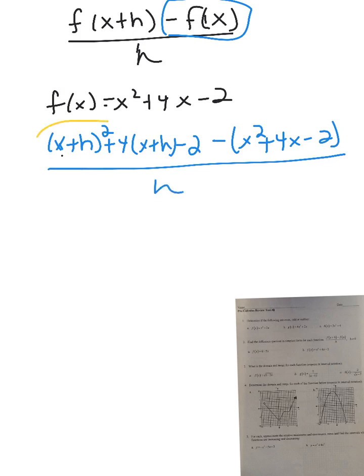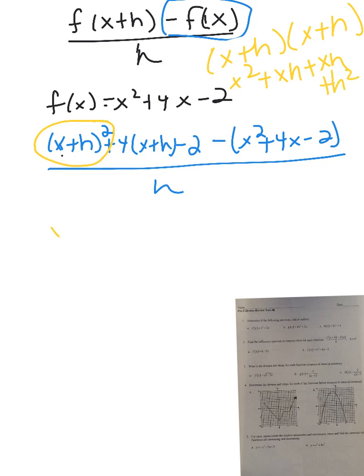All right, so I'm going to work on this up top here. So x plus h times x plus h. So that's x squared plus xh plus xh plus h squared.